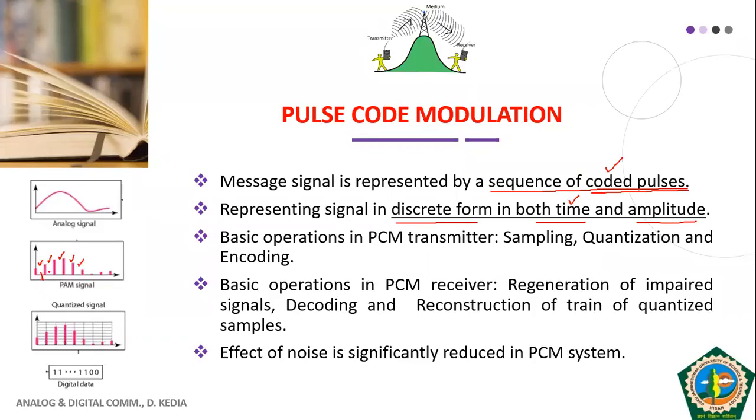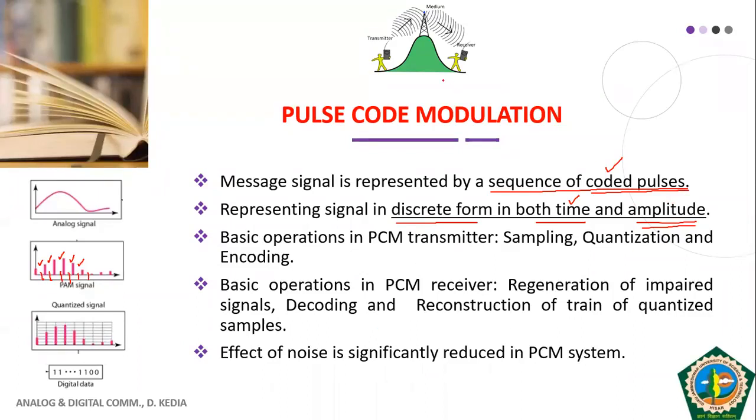Whereas in pulse code modulation, we have discreteness present in time as well as in amplitude. What does it mean? Discreteness means some finiteness, or some finite number of levels, or some finite number of samples. So in PCM, our signal is represented in discrete form in both time and amplitude. This is a very important point that you should understand, and it will be further clarified in the coming slides.